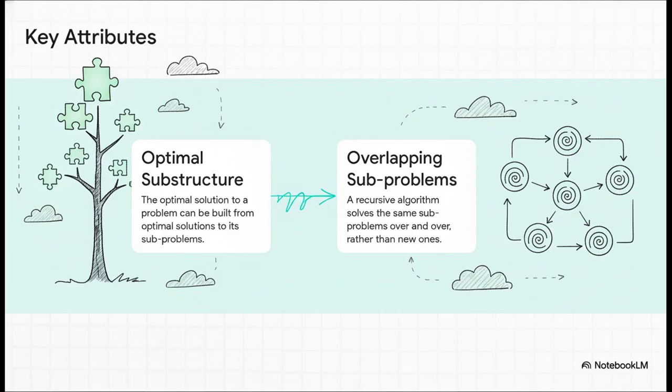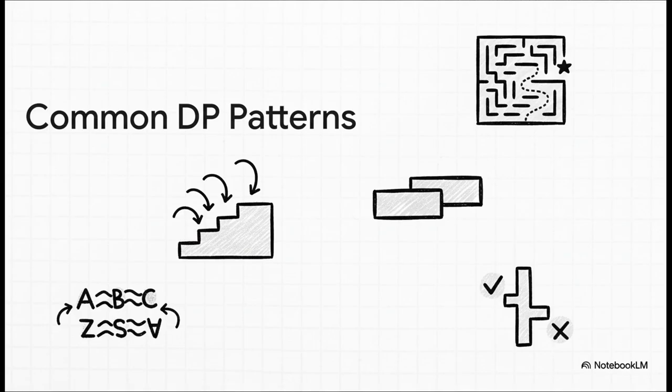This is that wasteful part we just saw, where you're forced to solve the exact same smaller problems again and again. But honestly, in the real world, it's often way easier to just learn to recognize the common patterns. If a problem is asking you to find the minimum cost or the maximum path to a target, or if it's asking you to count the number of ways to do something, there's a really, really good chance that dynamic programming is the way to go.